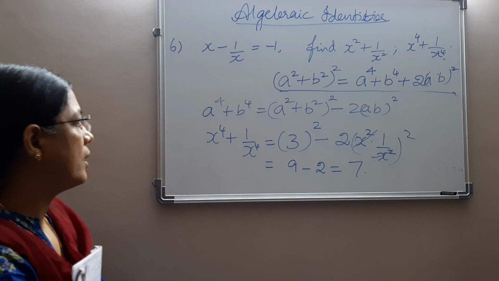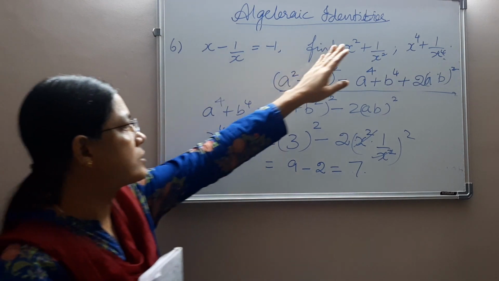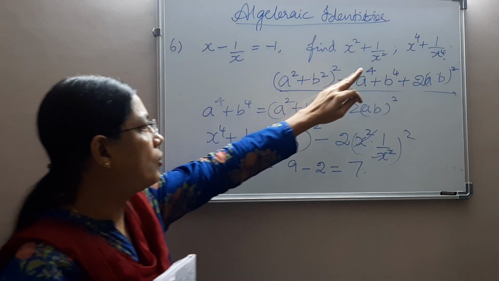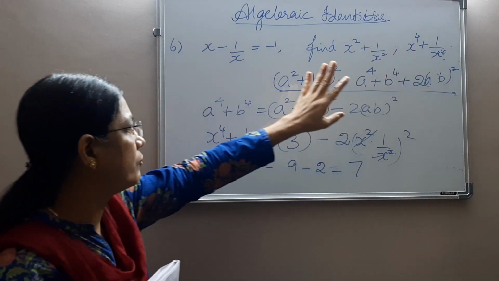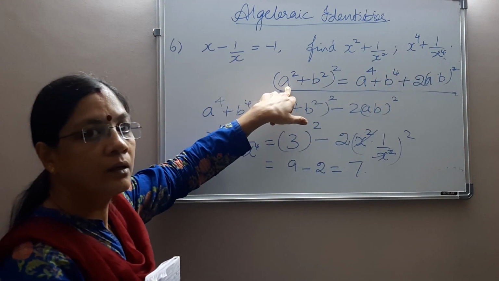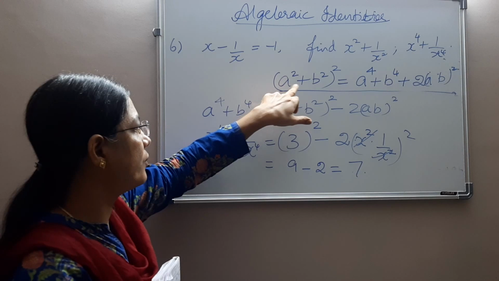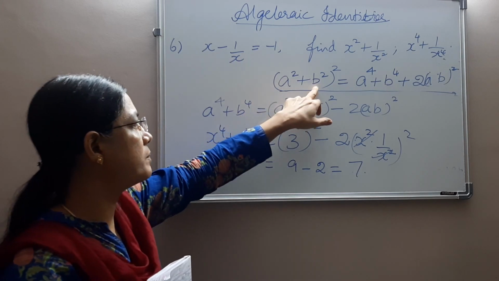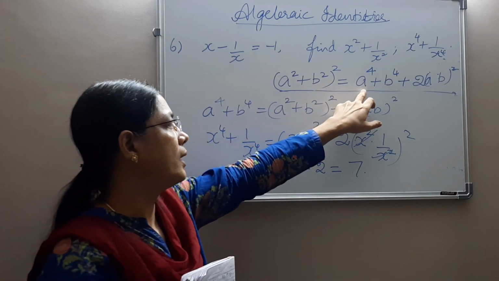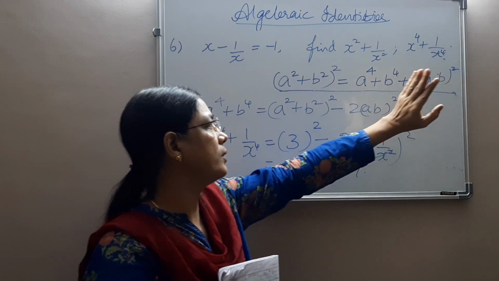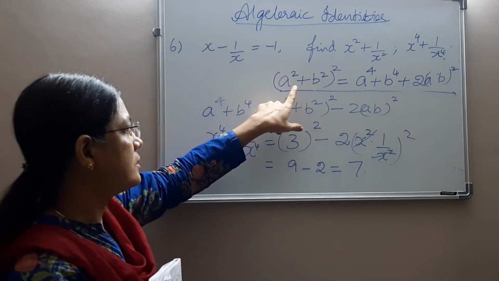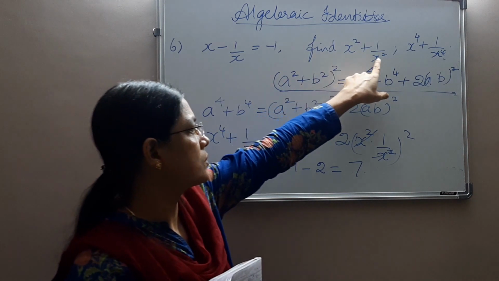Do you understand? So x squared plus 1 by x squared we had 3. And how do we get x power 4 plus 1 by x power 4? We use this identity, that is, instead of a and b, we use a squared plus b squared the whole squared is equal to a power 4 plus b power 4 plus 2 into ab the whole square. That is, we know a squared plus b squared, that is x squared plus 1 by x squared.